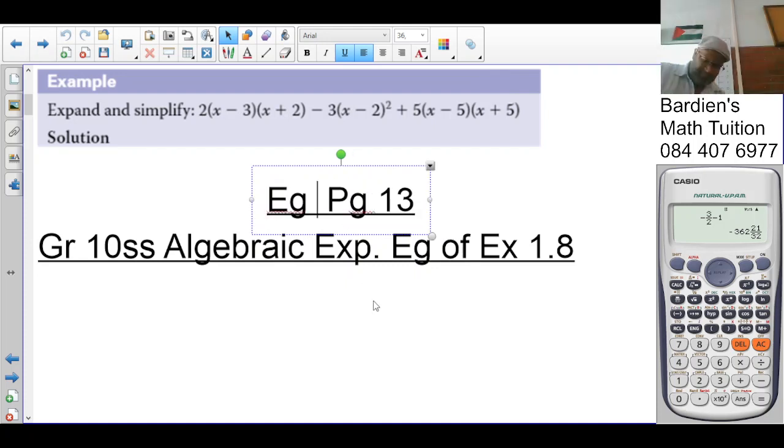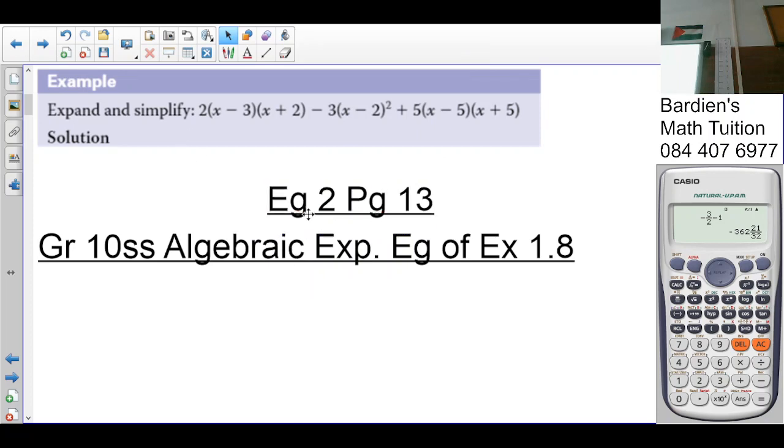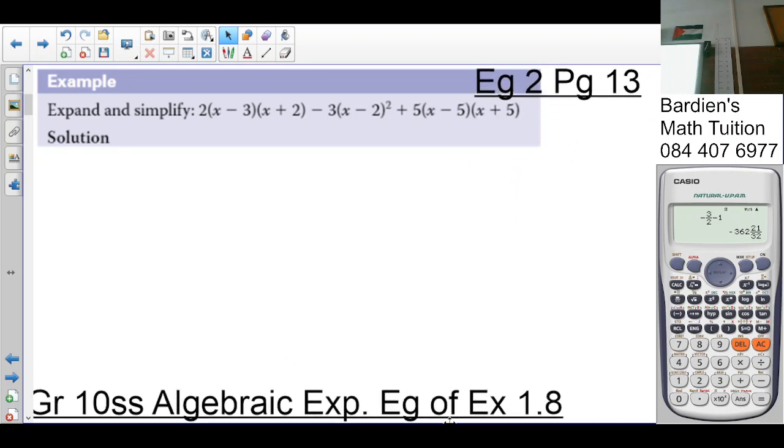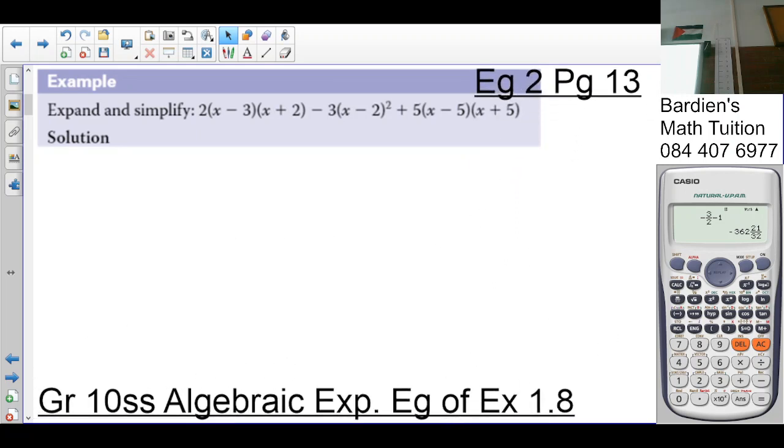Okay. Again, expand and simplify. So how many terms are here? 3 terms. What separates terms? Plus and minus.